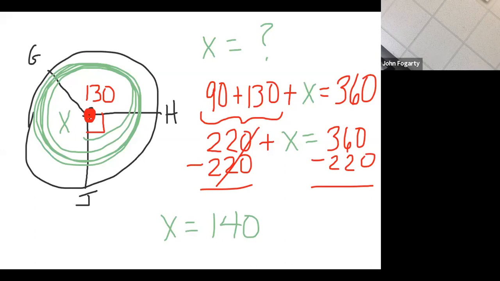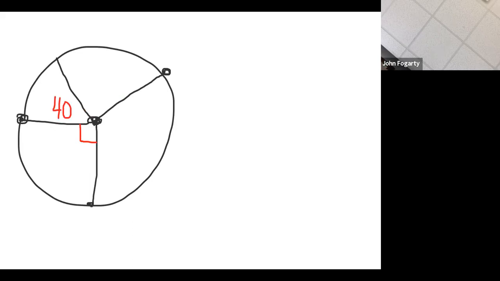All right. Let's do another one of those. Same idea, just different numbers. There's the center of my circle. I'm going to tell you this, and I'm going to tell you this, and I'm going to say, what's x?